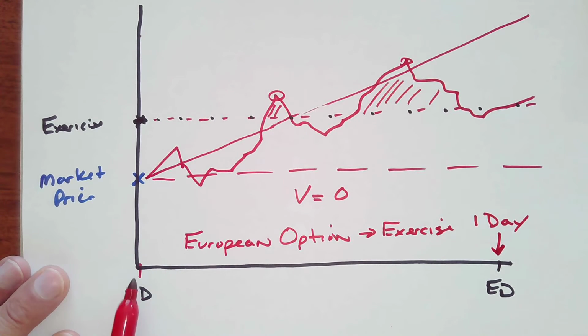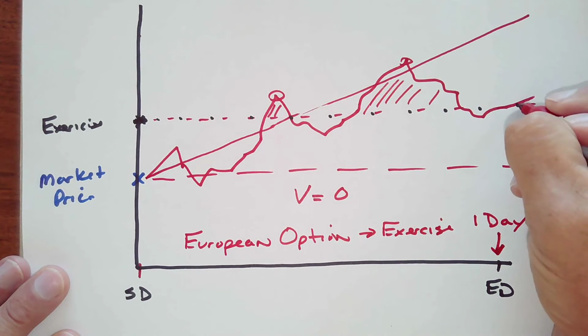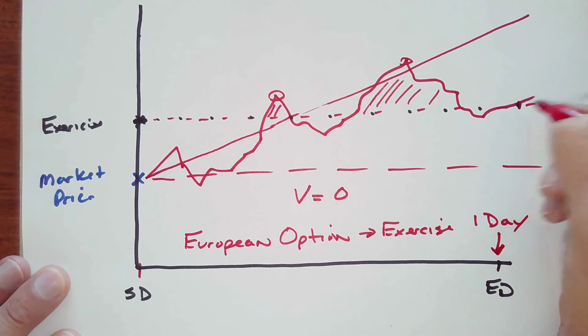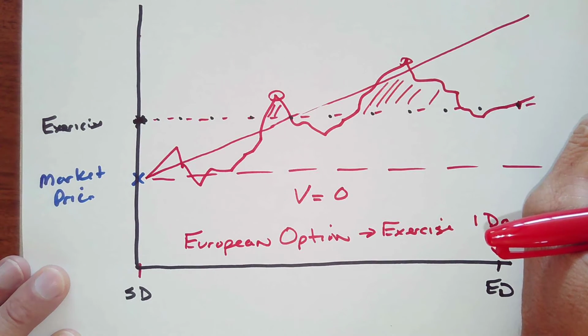So if we think about a European option, that has less value because I can only exercise right here. And if that's the case, I may not exercise because it looks like the exercise price and the market price are the same. So I don't know why I would exercise. Maybe there's a little bit of a difference there, but not much.